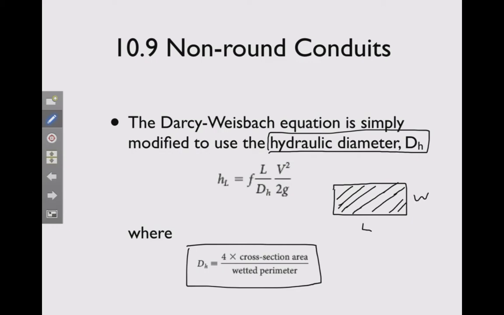And so to calculate this, the cross-sectional area is just the length times the width. And the wetted perimeter, since the gas is filling this ventilation channel all the way around the entire perimeter of this conduit, is going to be 2W plus 2L.